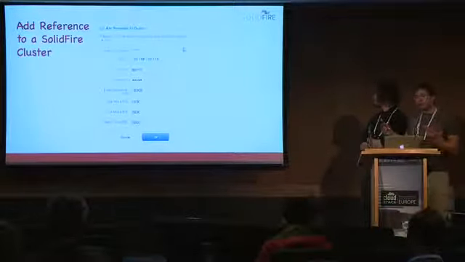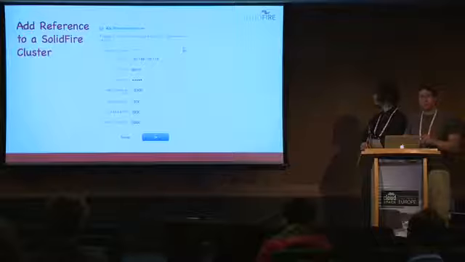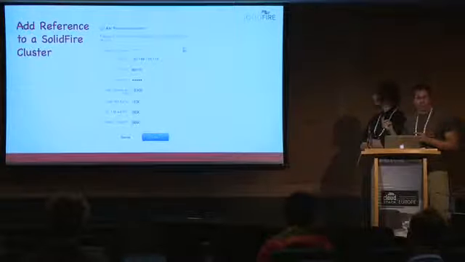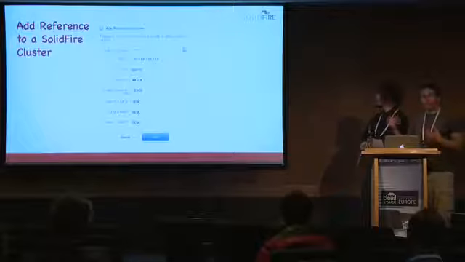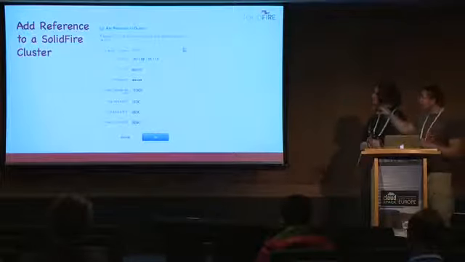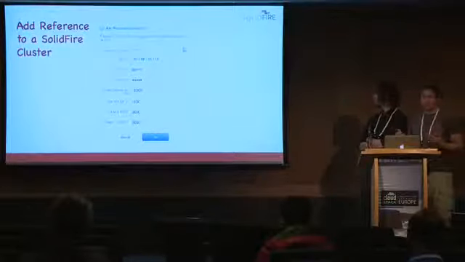Then we just specify things that you're probably expecting, like a username and a password. For this particular username, I had to go into the SolidFire system ahead of time and create a user called admin, and provide a password. And here, this is where I'm referencing that.